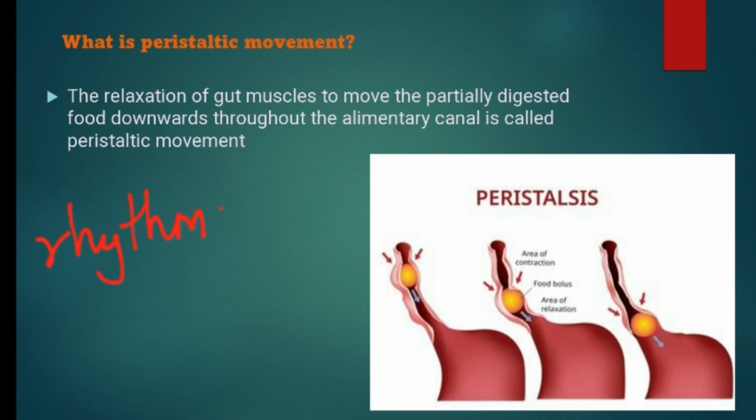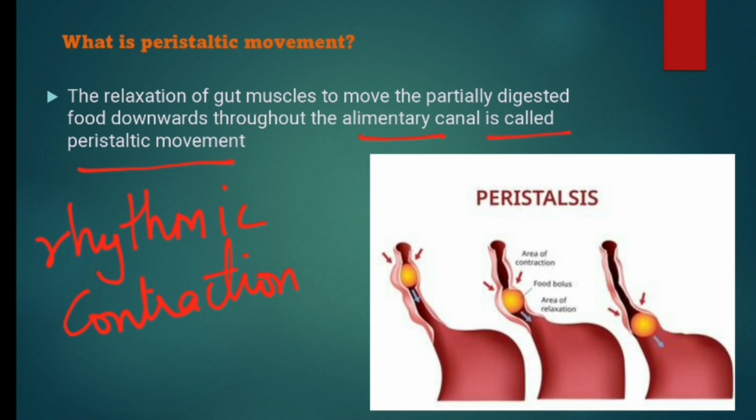This contraction and relaxation of the muscles of the gut to move the partially digested food throughout the alimentary canal is called peristaltic movement. You can see in this diagram how the food is moving with the help of contraction and relaxation of the muscles.